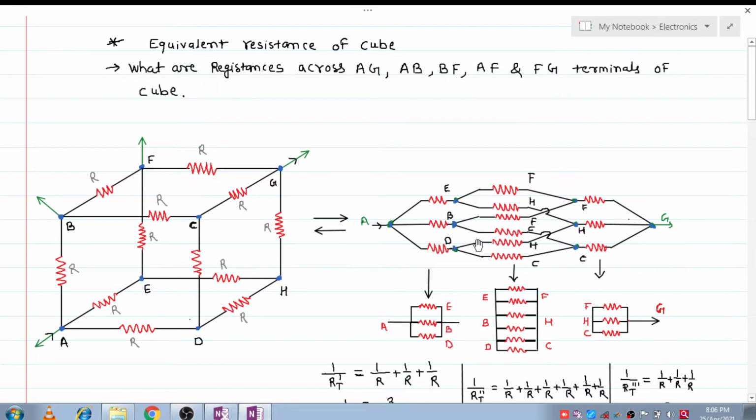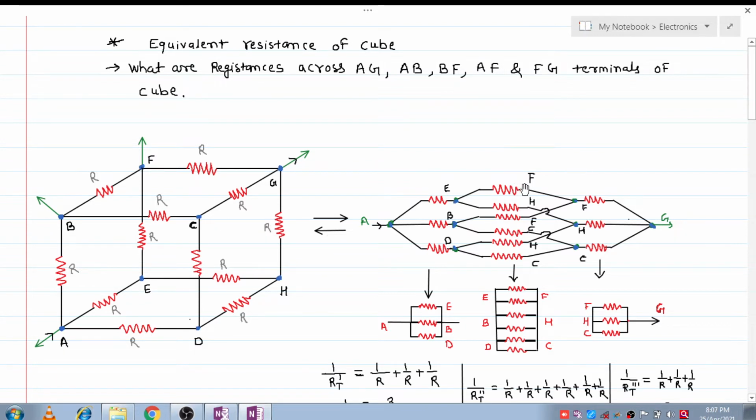This E is divided into F and H terminal, and this B terminal is divided into F and C.